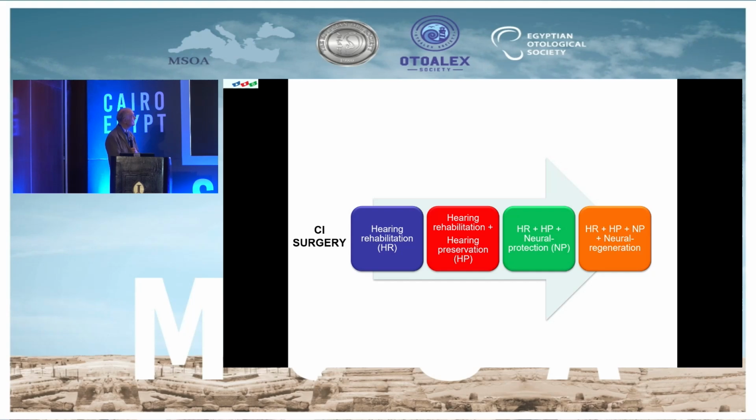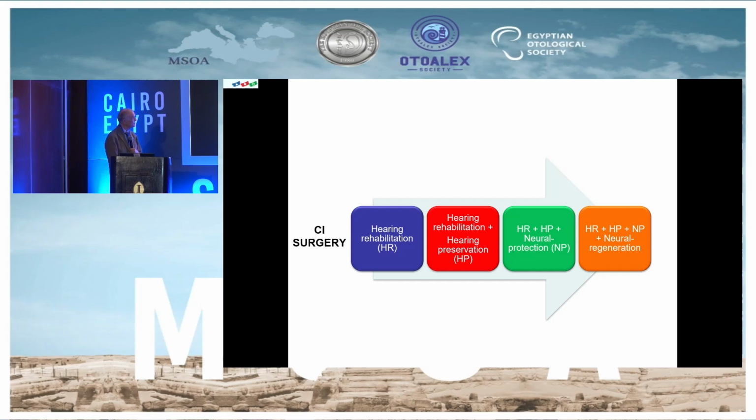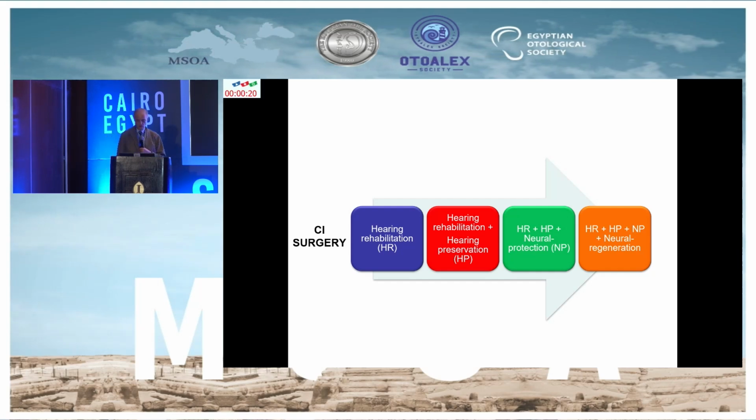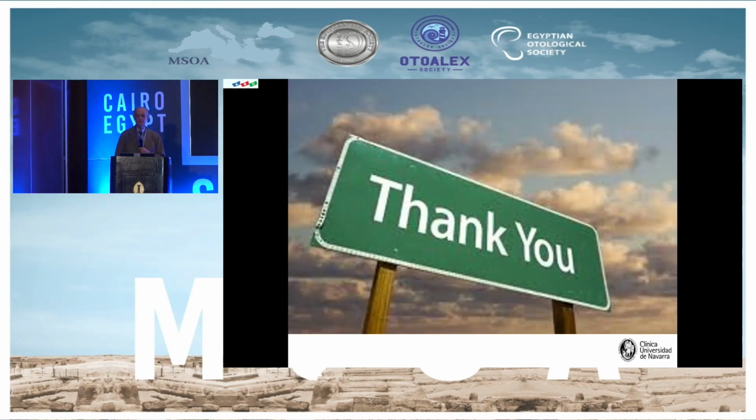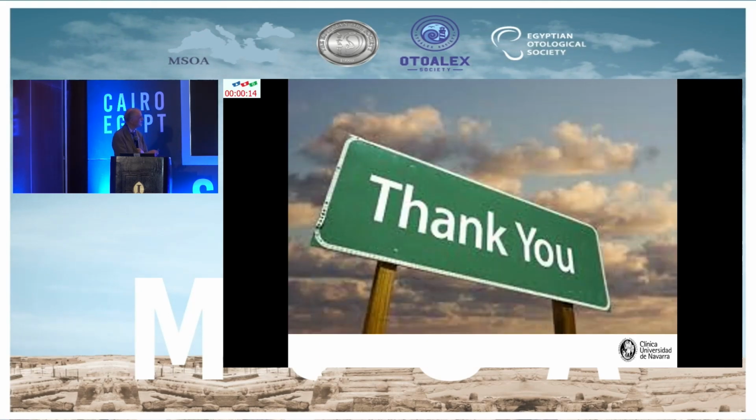But in the future, we are trying to achieve these aims, neural protection and neural regeneration in cochlear implant surgery, and it is very close to having this new approach.